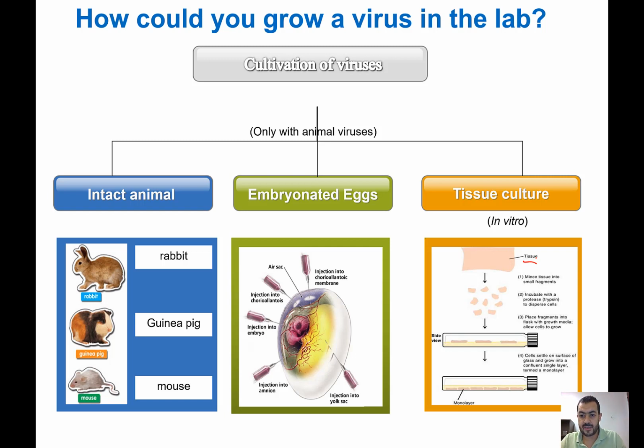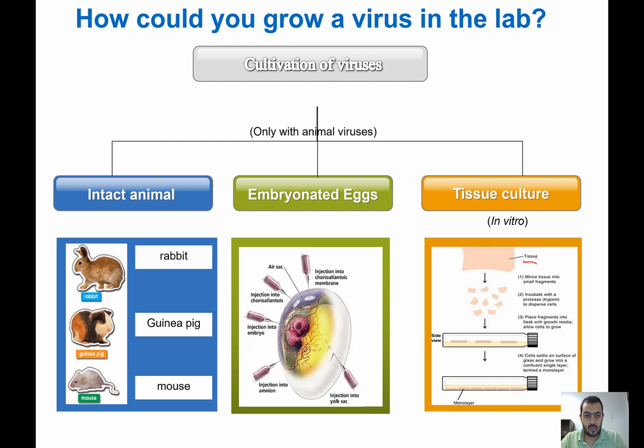Once we have the cells, we disperse them on top of a nutrient media to support their growth. So now we have a confluent monolayer of cells through which the virus will be cultivated.